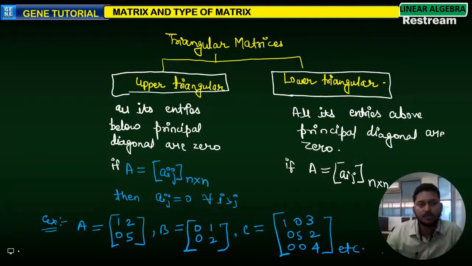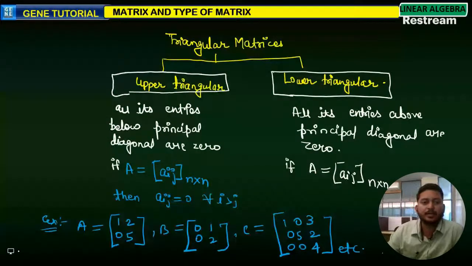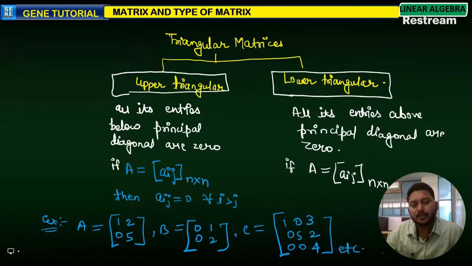The first is upper triangular, where entries below the diagonal are 0, and the second is lower triangular, where entries above the principal diagonal are 0.